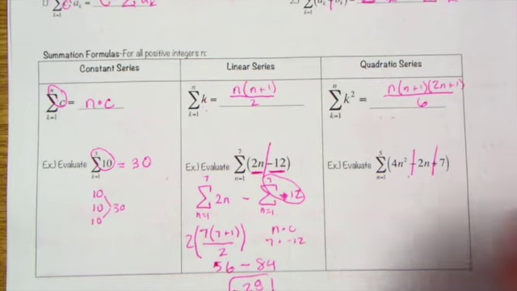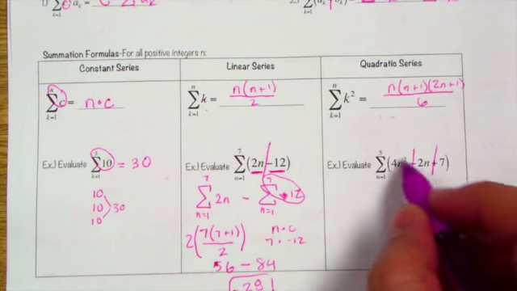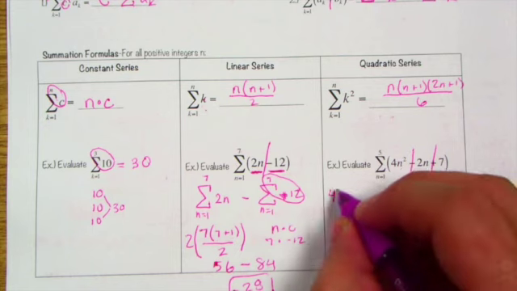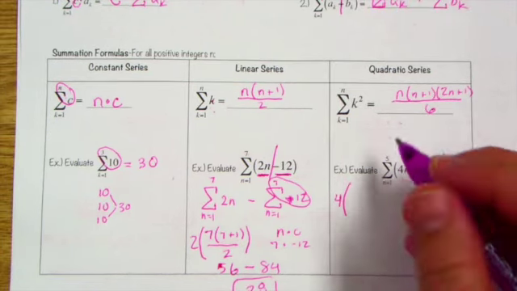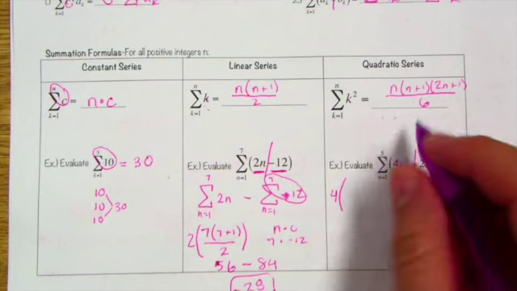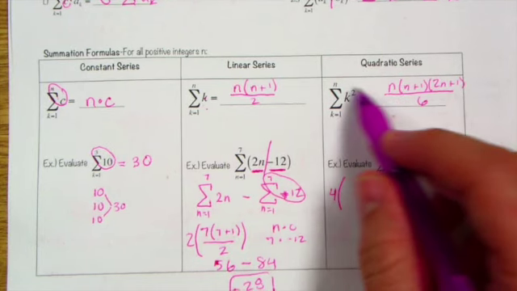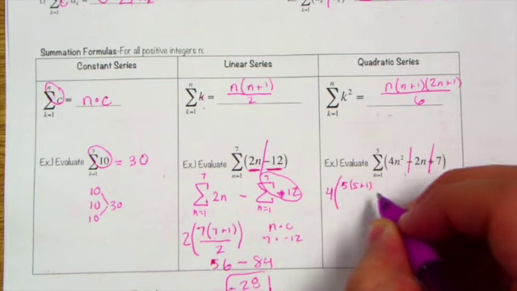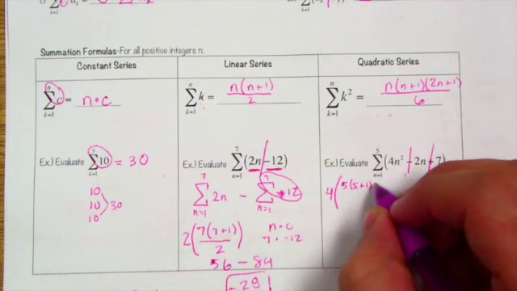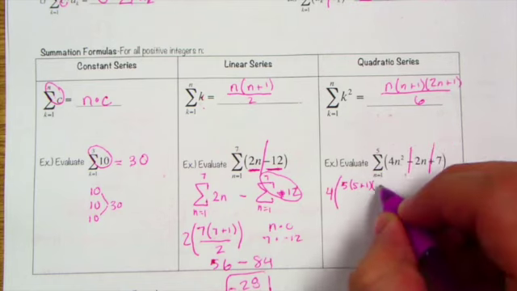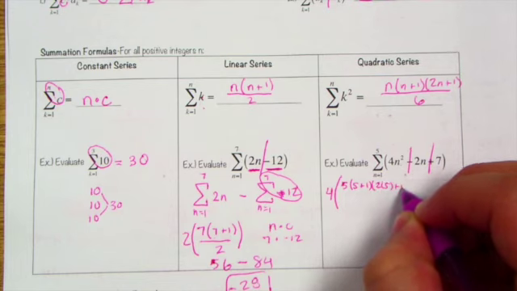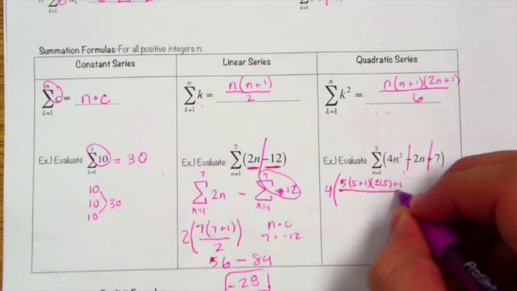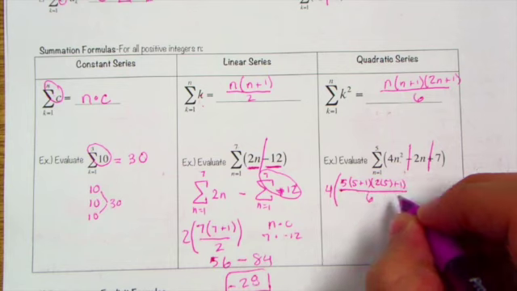Okay? So what I have, the first term will be 4 times the quadratic. So I have 4 times this whole thing up here. N is the number that's on top. So 5 times 5 plus 1 times 2 times 5 plus 1, all over 6.